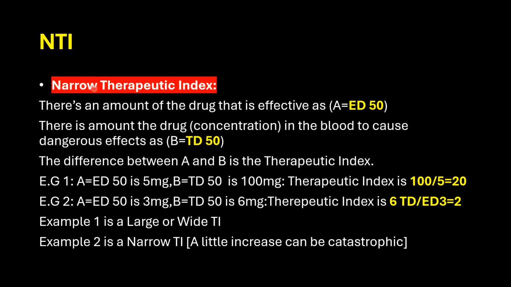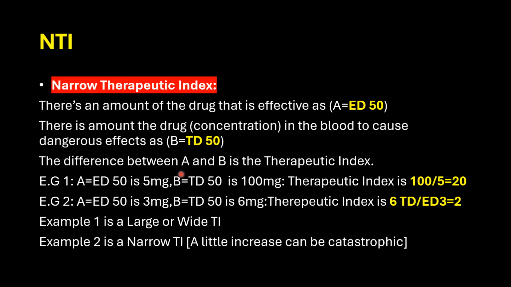Now, the narrow therapeutic index proper. In any medication we give, we're going to find the amount of that drug that is effective in 50% of the population. That is ED50, effective dose in 50% of the population. That is what we're going to find in the textbooks. At the same time, you are going to find the amount or concentration of that drug that will cause toxicity in 50% of the population, so TD50.